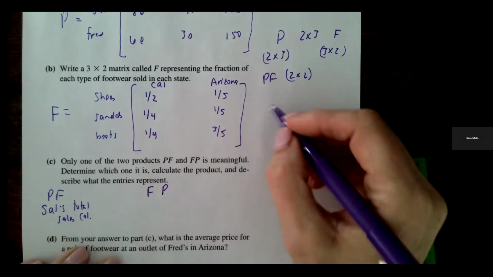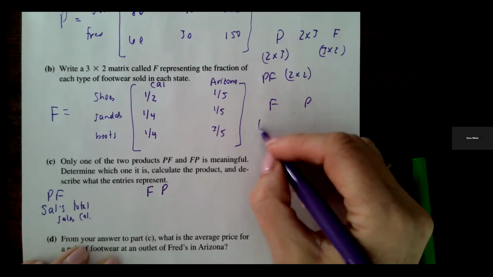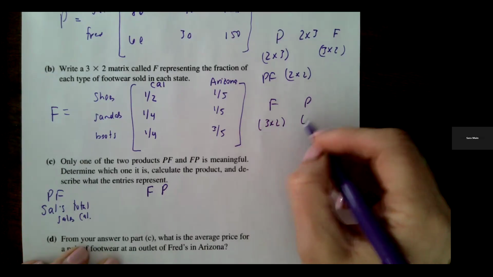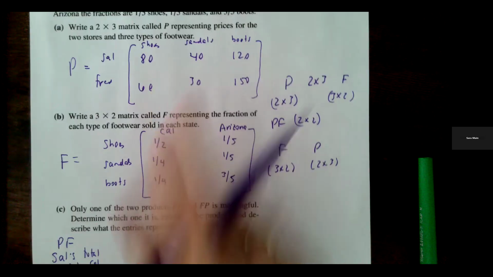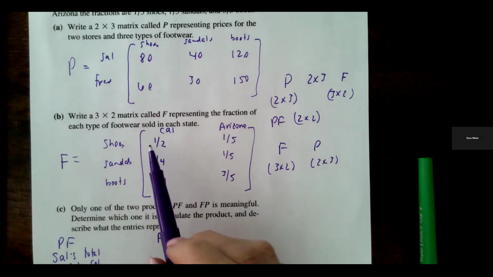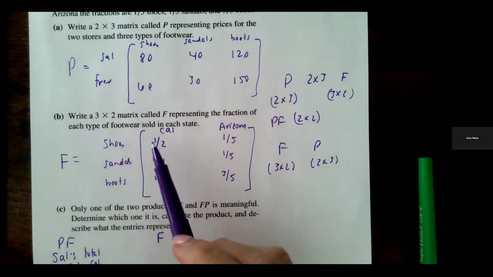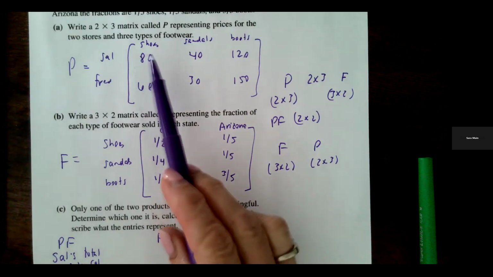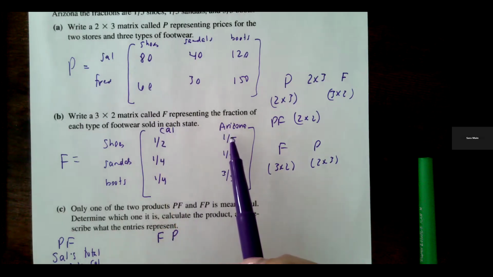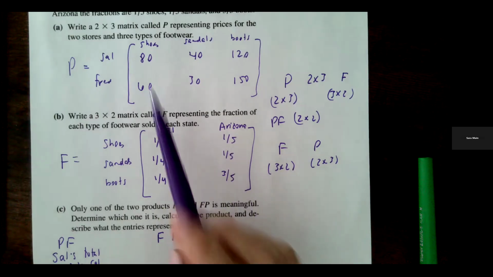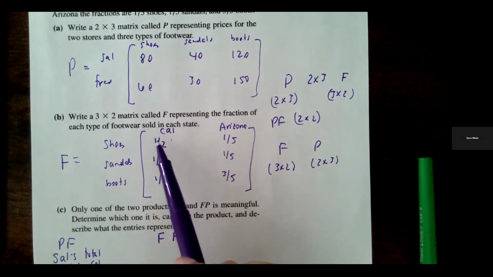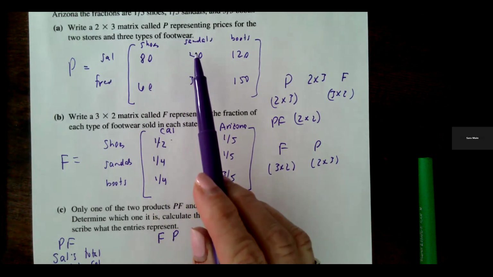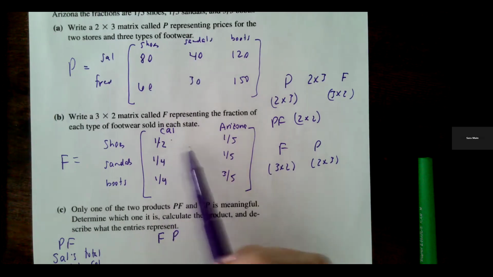And then FP. So if we did F and P, F is 3x2 and P is 2x3. So it would be multiplying this one first and then this one. So it would be the shoe price of Sal and Fred's price of Sal. Wait, sorry, shoes in California at Sal's. It would be this way, sorry.